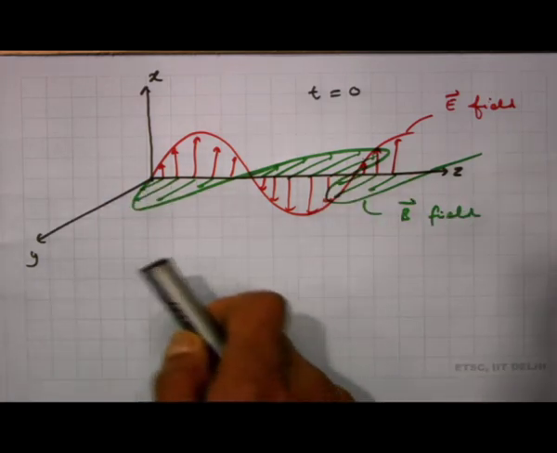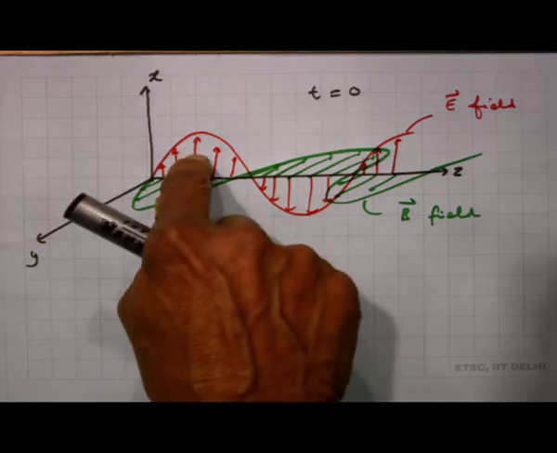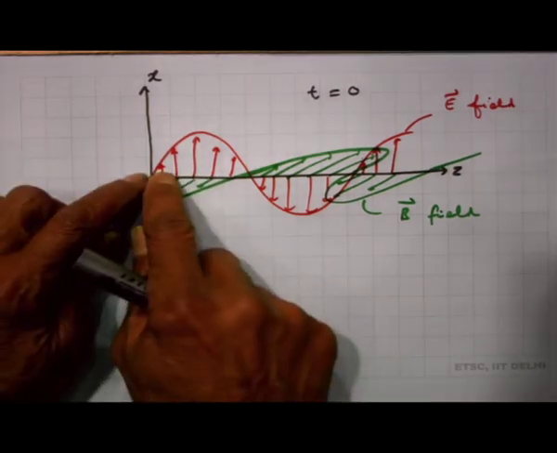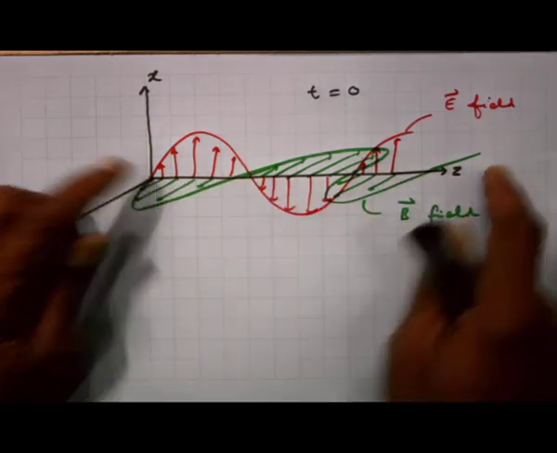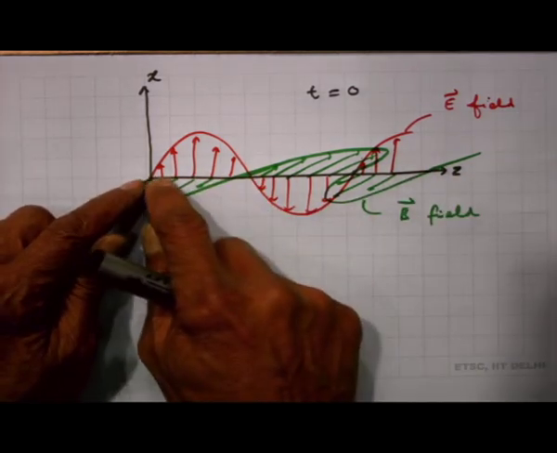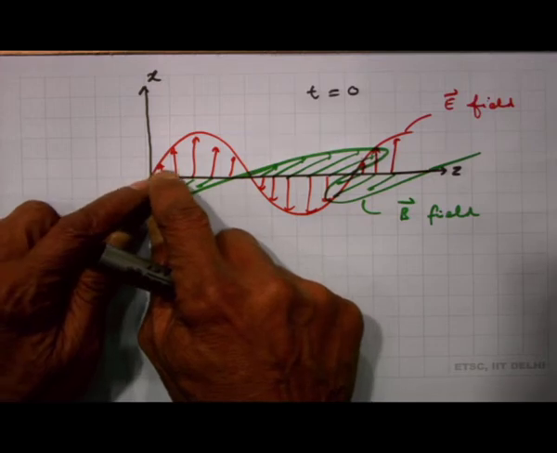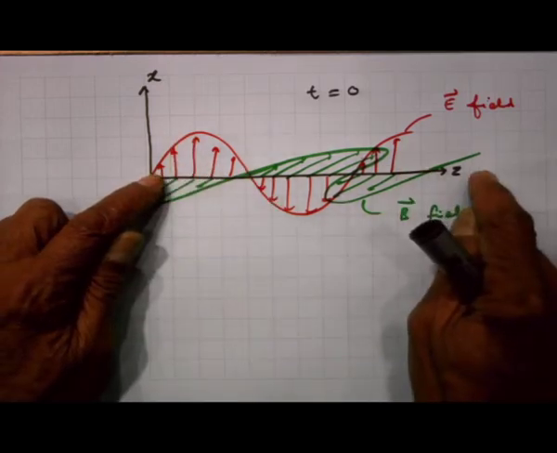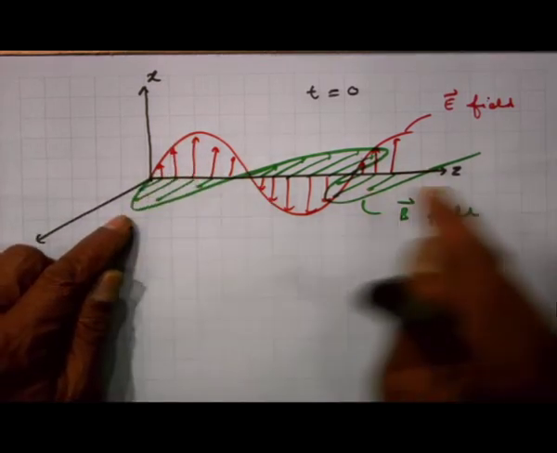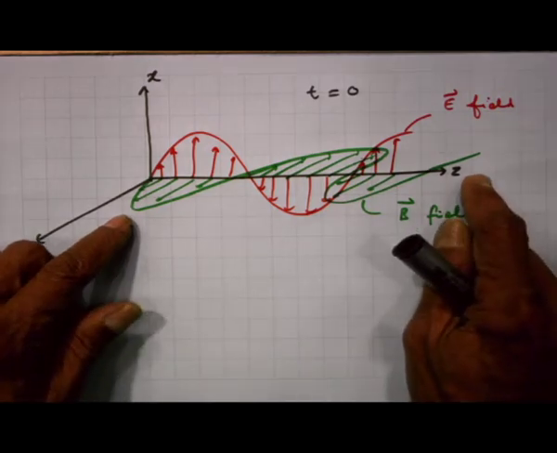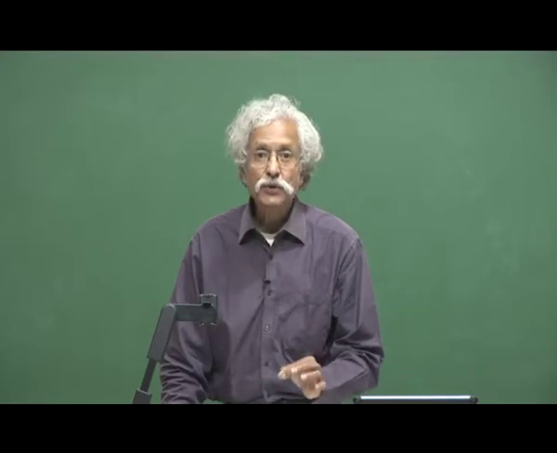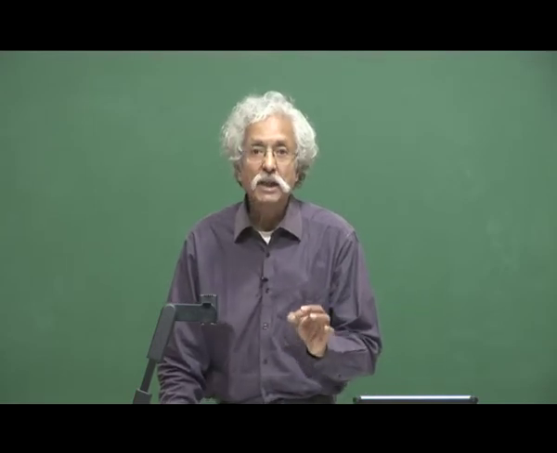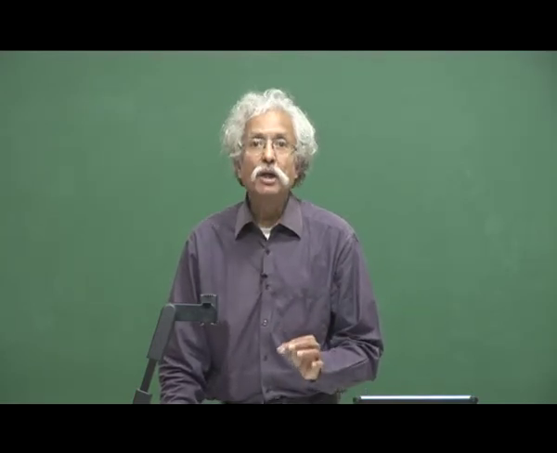First, the wave is propagating along the z direction. We will discuss that. The electric field is perpendicular to the propagation direction, and the magnetic field is perpendicular to the propagation direction. So, the wave is a transverse electromagnetic wave, because the electric and magnetic fields are perpendicular to the propagation direction.